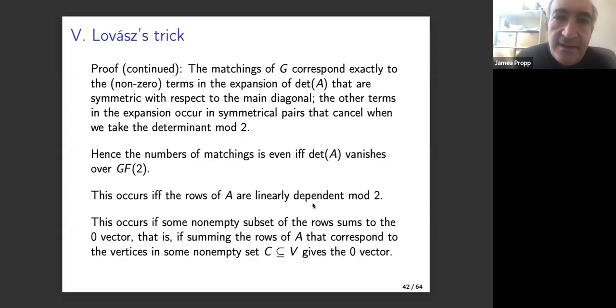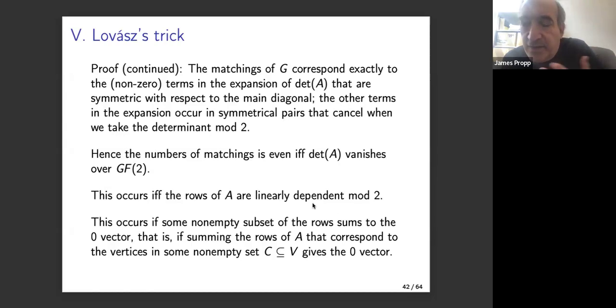So here's the proof. The matchings of G are going to correspond exactly to the non-zero terms in the expansion of the determinant that are symmetric with respect to the main diagonal. Because remember, a contribution to the determinant is just a bunch of entries where you pair the ith row with the pi(1)th column, the second row with the pi(2)th column, and so forth.